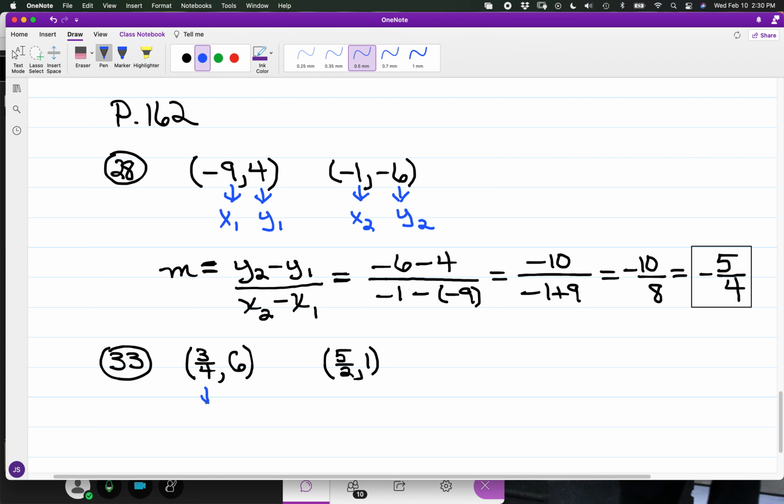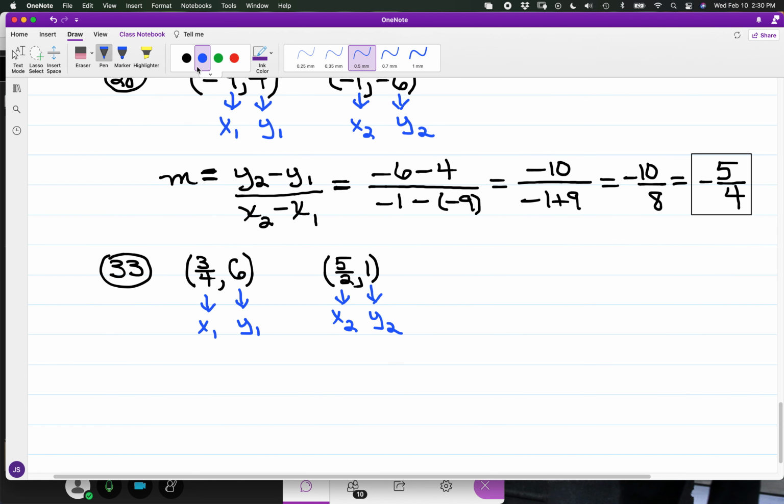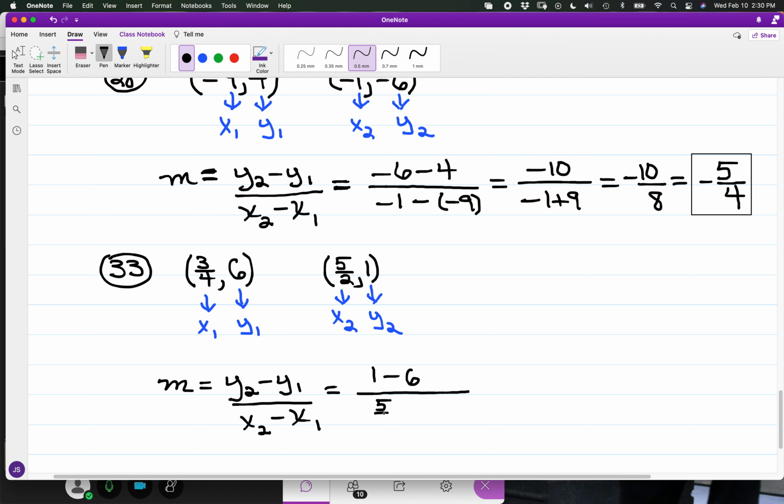Now if we go ahead and identify what the x1, y1, x2, y2 will be, and relegate what we have over into the slope formula, we have y2 minus y1. y2 we have at 1, and minus y1, so we have -6. x2 we have at 5/2, minus x1, and x1 we have at 3/4.